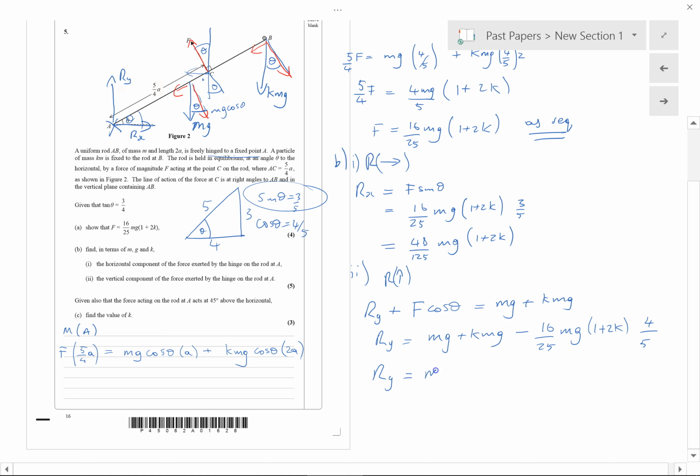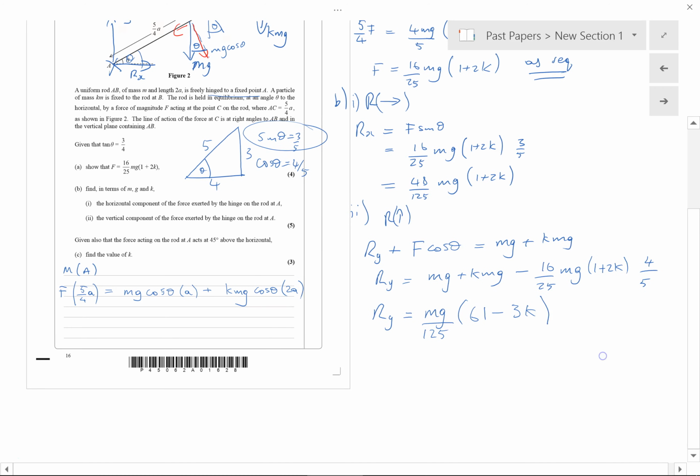So that's going to be mg over 125 times 61. And then the kmg will be 125 kmg take away 128, so that's minus 3k mg, all multiplied out. So that's that, done.